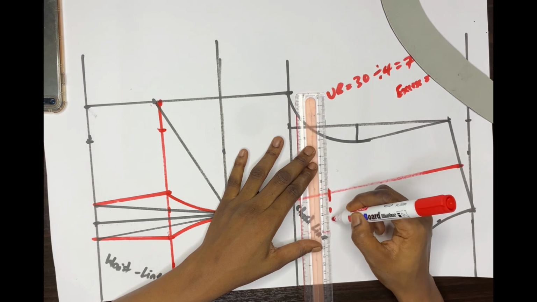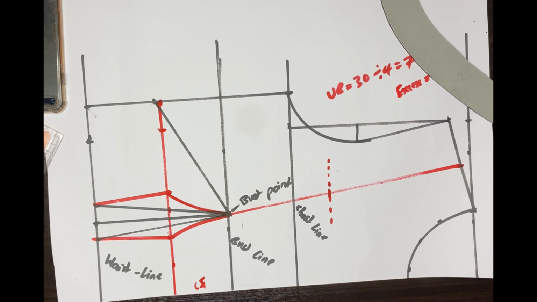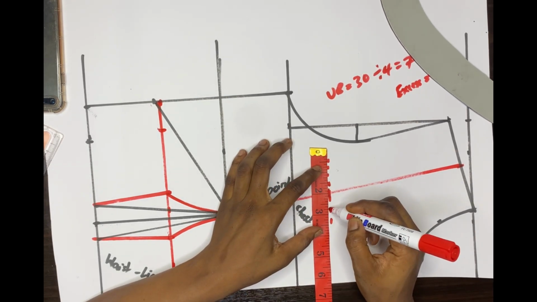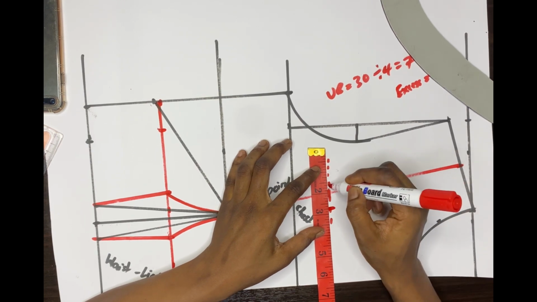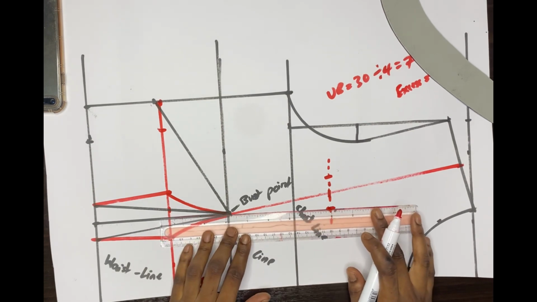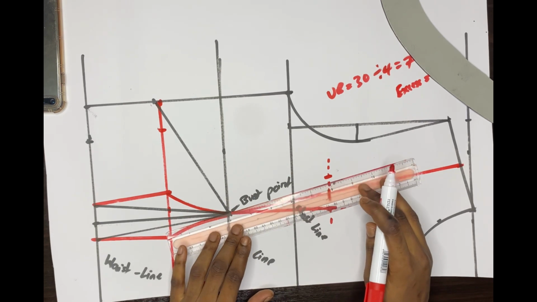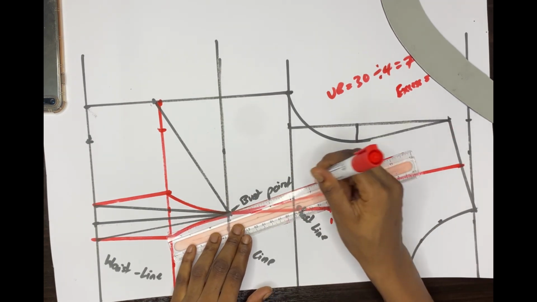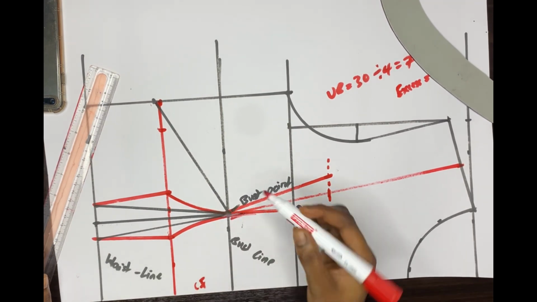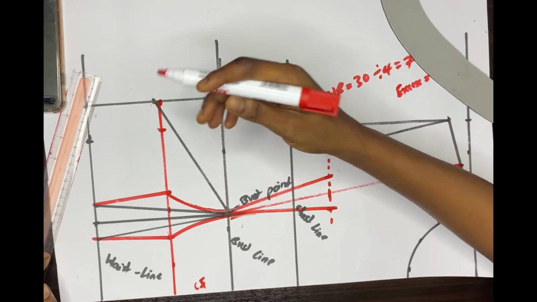So I just marked 6.5, and you can draw any line, slant line or broken lines, and then you create a dart here, and the standard is 0.75, and you connect to the bust point. The bust point receives every dart that is in the pattern. After you are done, you just reshape and make sure it's nice.